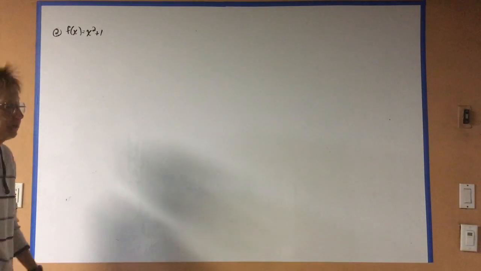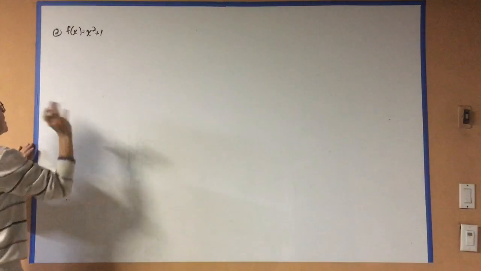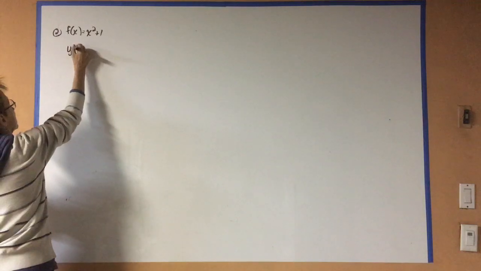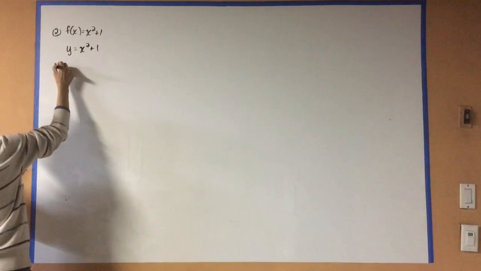And it says f of x equals x squared plus 1. So doing this algebraically and not peeking at a graph, basically what I need to think about is, again, I'm going to write this as y equals x squared plus 1 to help myself out a little bit.